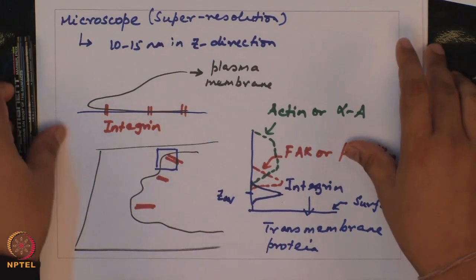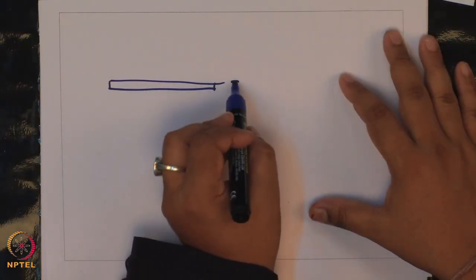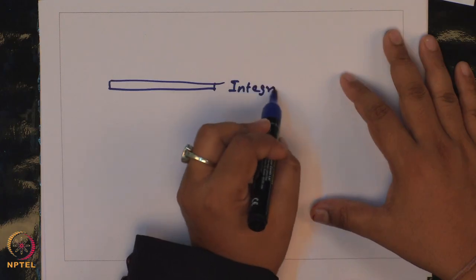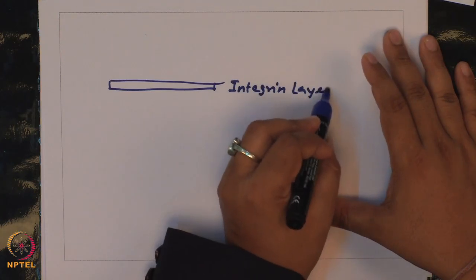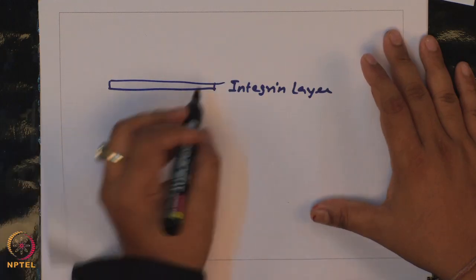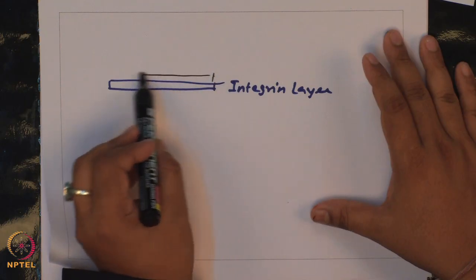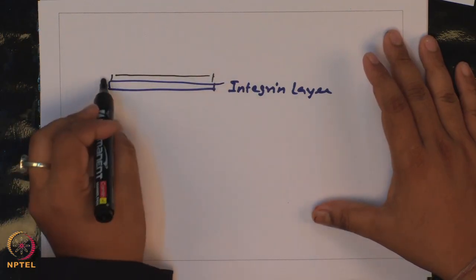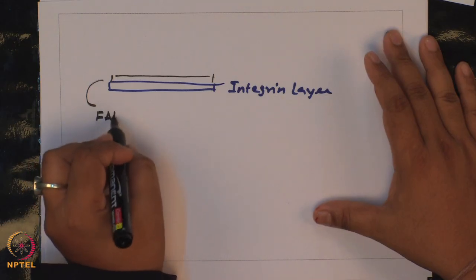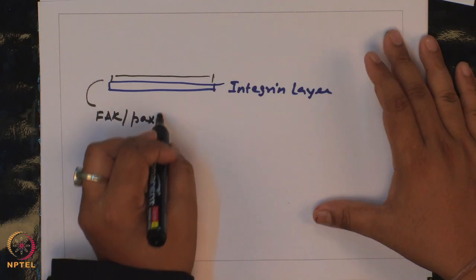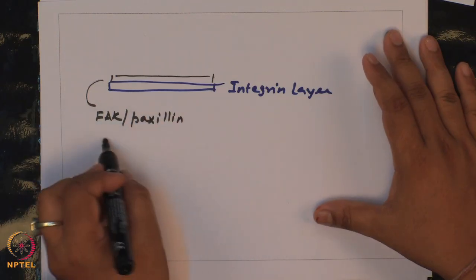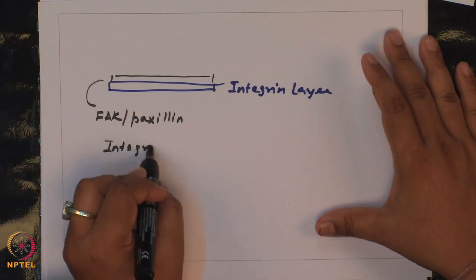Okay. Based on this, what Claire Waterman Storer showed was that you have an integrin layer, on top of which you had proteins like FAK or paxillin, and this is called the integrin signaling layer.